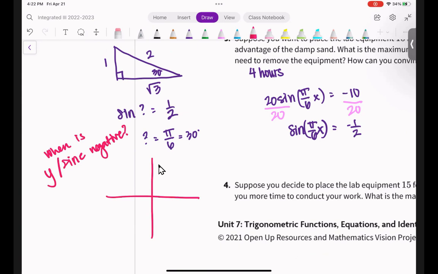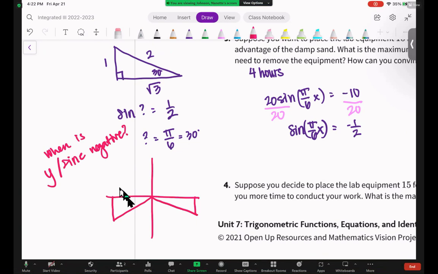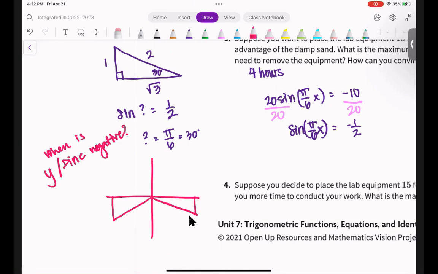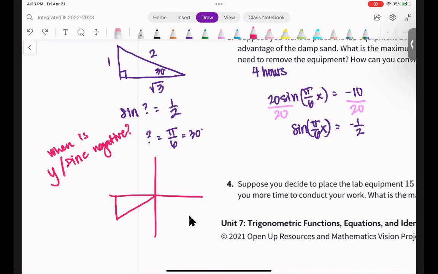Exactly. So I'm going to draw my 30, 60, 90 triangles in there. Looks like this. Those are supposed to be congruent triangles reflected across, but Miss Johnson has trouble drawing things congruent looking. I'll try one more time. Yeah, that's still not it.